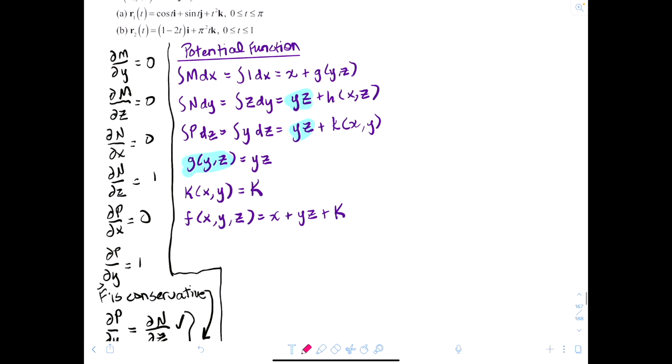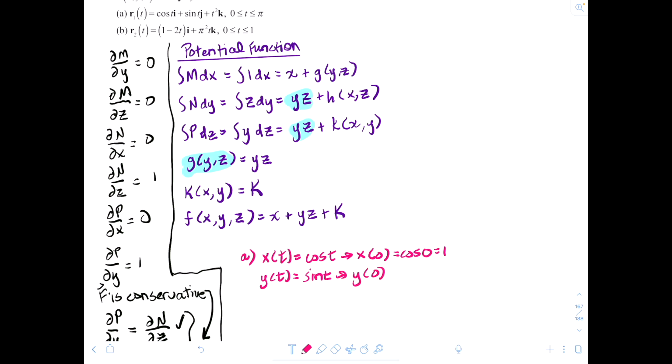And so now if we take a look at part A, our x at t is equal to cosine t, and so now x at 0 is equal to cosine 0, which is 1. Y at t is equal to sine t.